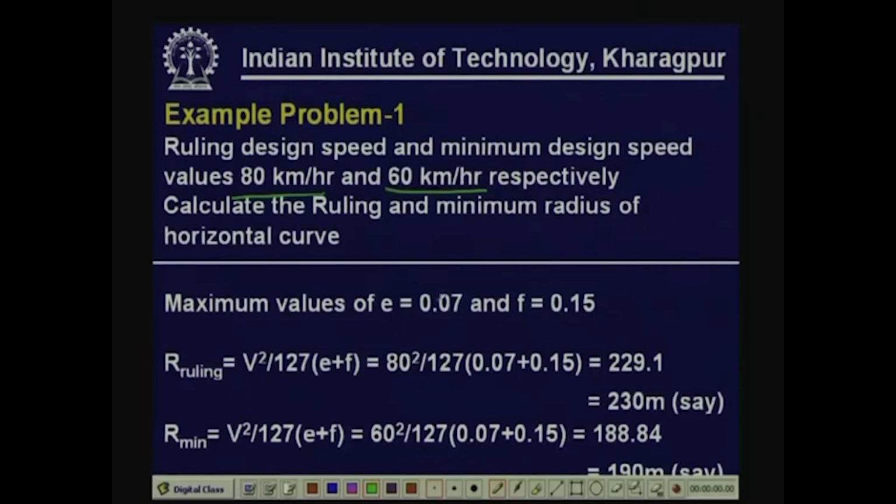We know that E is 7%, f is 0.15. So, ruling radius is V ruling, which is 80, squared, divided by 127 into E plus f. E is 0.07, f is 0.15. So, accordingly we can calculate the ruling radius. Taking the minimum design speed, in the same way we can calculate the minimum radius.